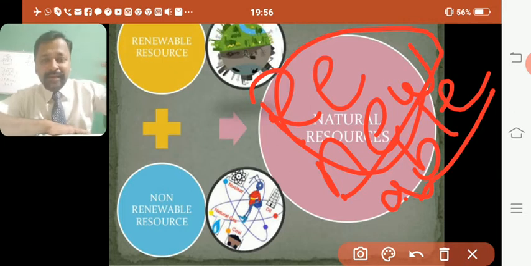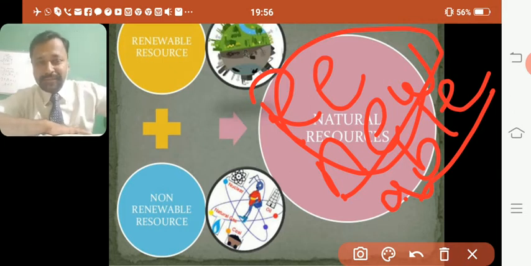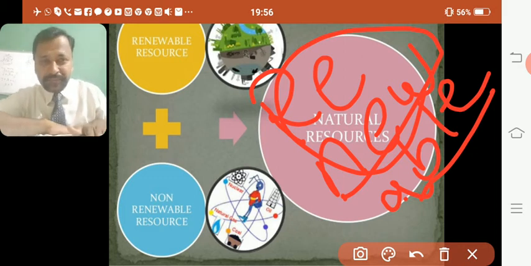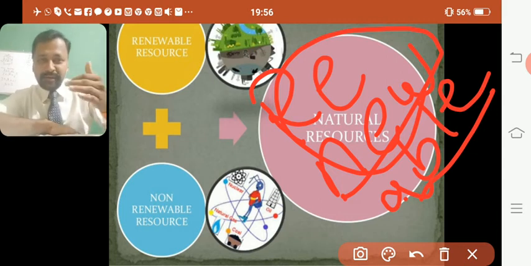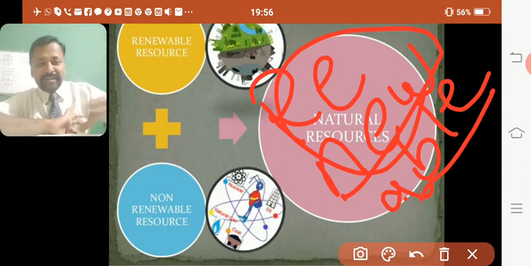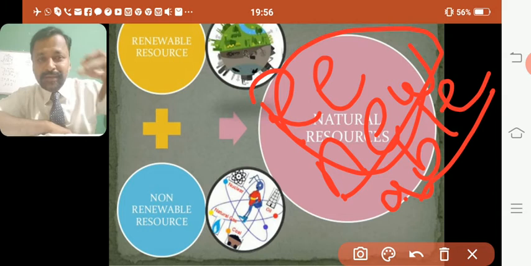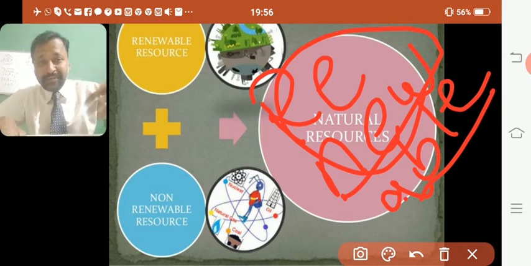Like air: today I use too much air, again tomorrow I'll get the same amount of air. If I use sunlight today, tomorrow I'll get the same amount of sunlight. If I use water of a river today, tomorrow I'll get the same water. So these are all renewable because they can renew themselves. Non-renewable resources are those which cannot renew themselves.